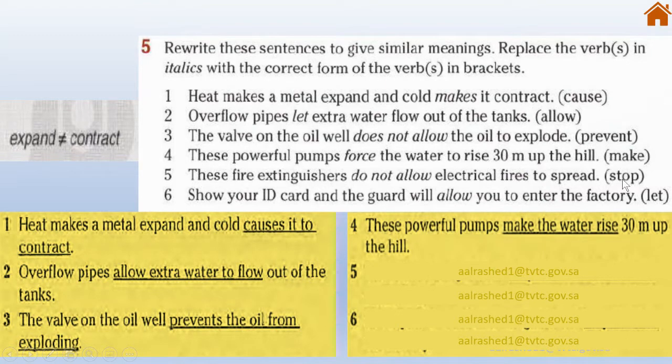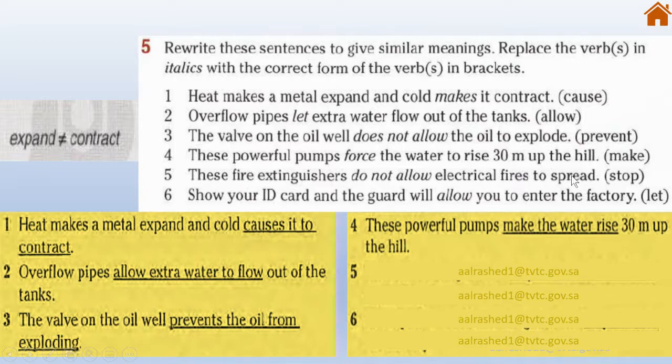Let's see 5. Stop. Stop has the meaning of prevent. You need to put "from" before the verb and add "ing" to the verb. So we need to delete "do not allow electrical fires to spread". Okay, look at the "to".